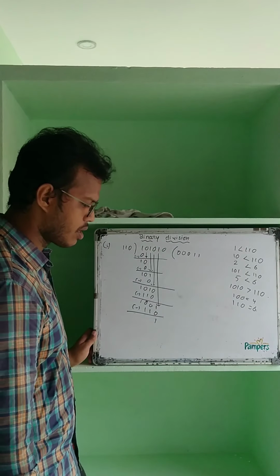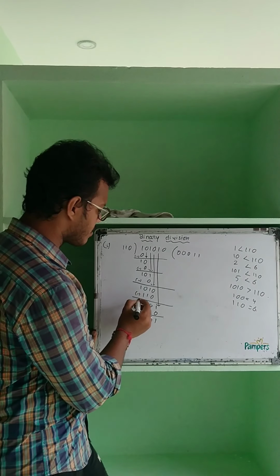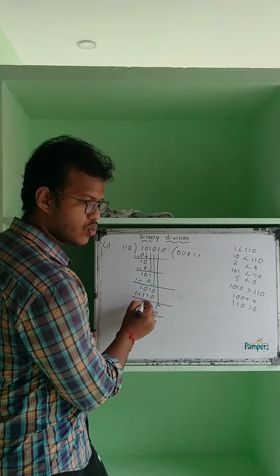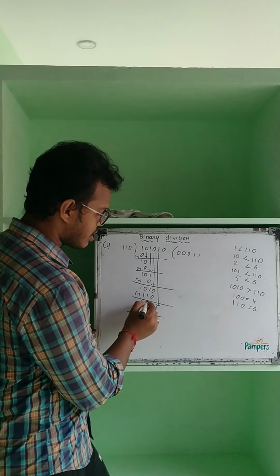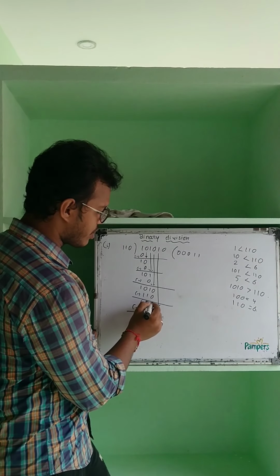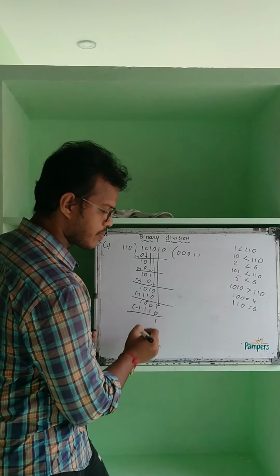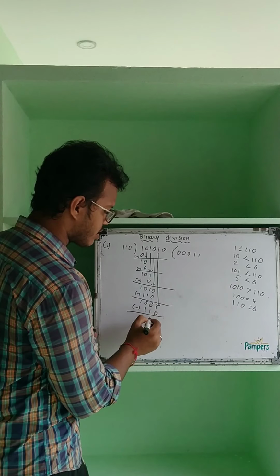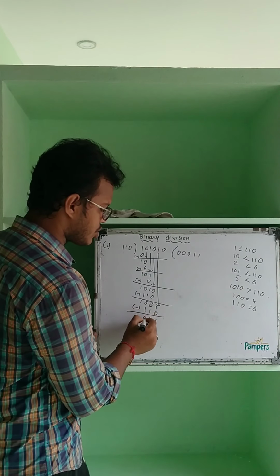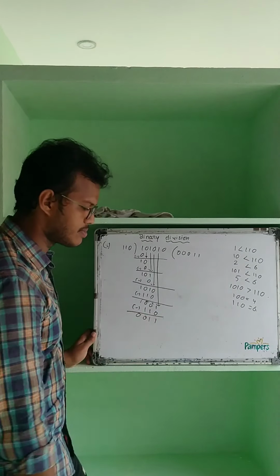If you take the borrow from here, you get 2, right? So 2 minus 1 is 1. So 1 minus 1 is 0. Again 0.